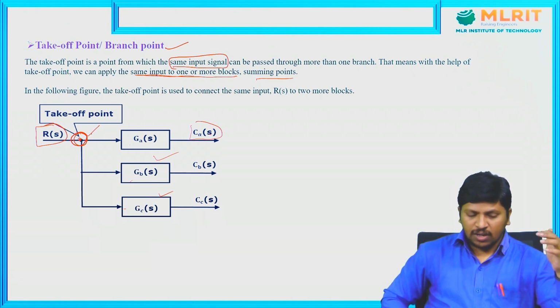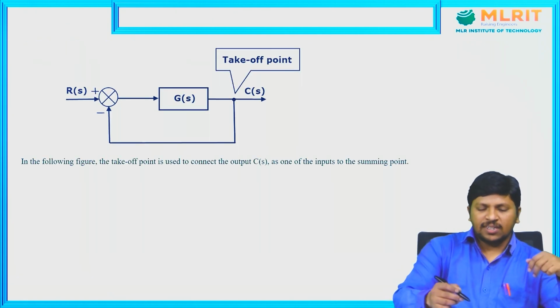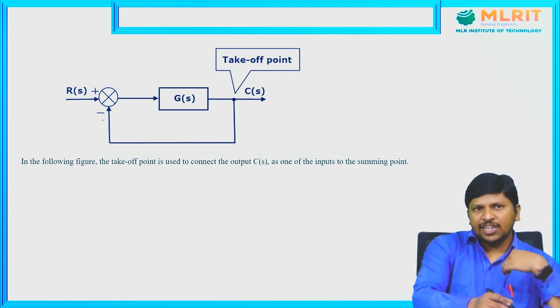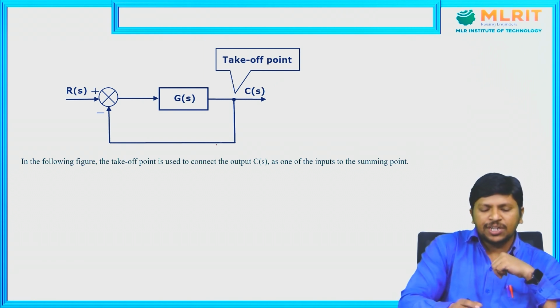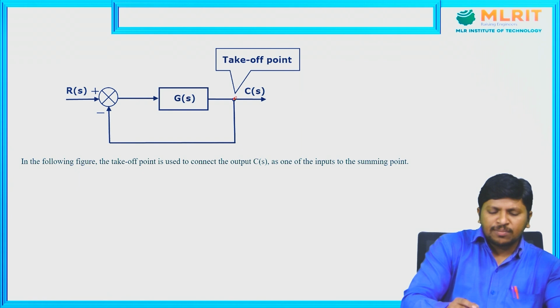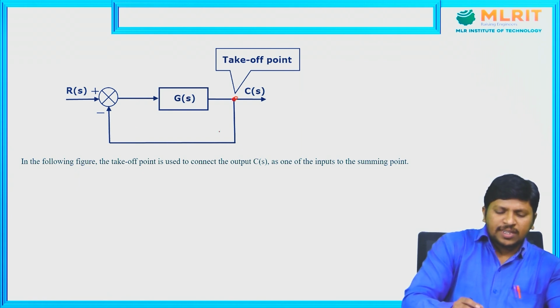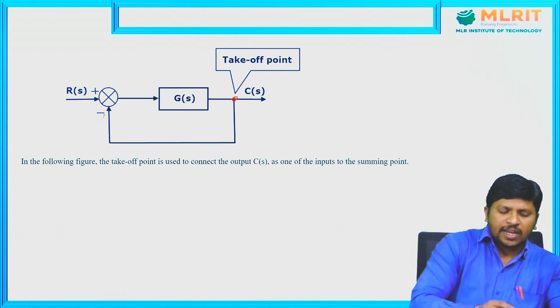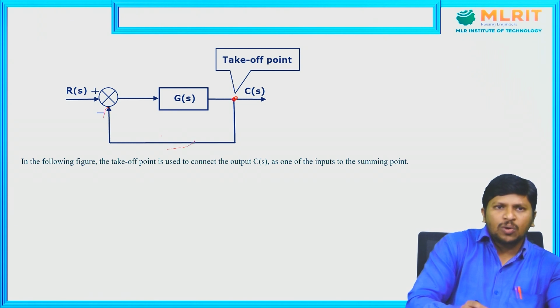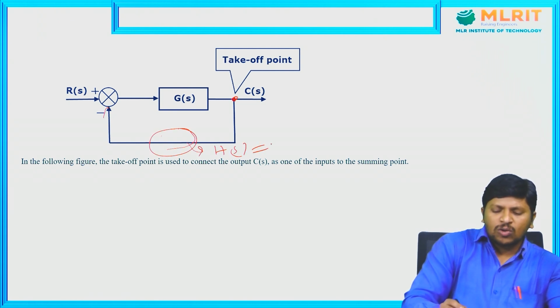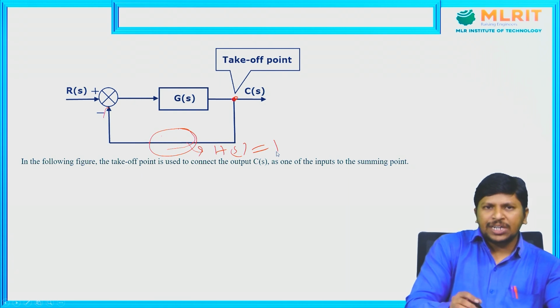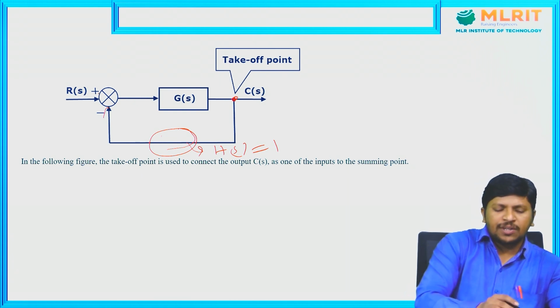Next, coming to the representation of negative feedback, I consider the negative unity feedback. Just observe, the output signal is given again to the input side. With just an arrow mark, there is no element in the feedback path, so the feedback gain equals 1. That is why we call it a unity feedback, a negative unity feedback system.